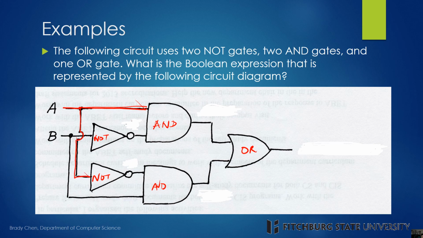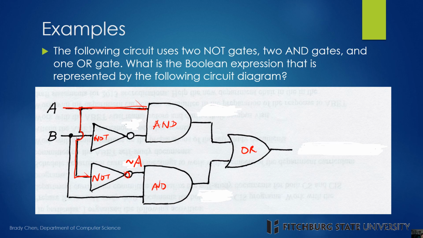The NOT gate is going to change the value of A to the opposite of A. If A is 1, it will convert into 0. If it's 0, it converts to 1. So if the input is A, the output should be tilde A, a negation of A.